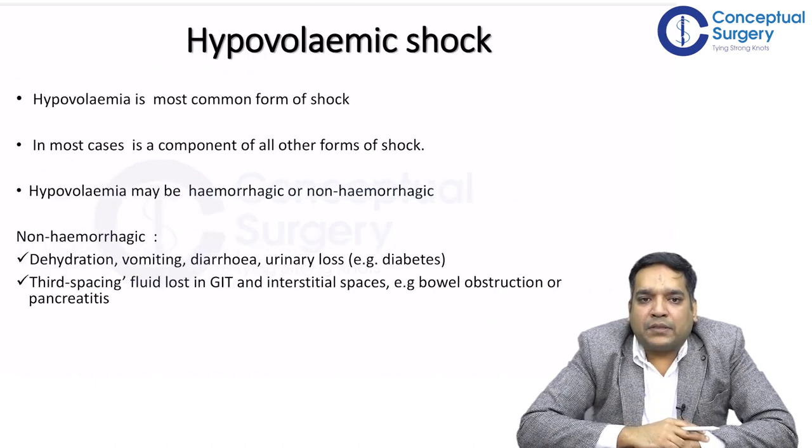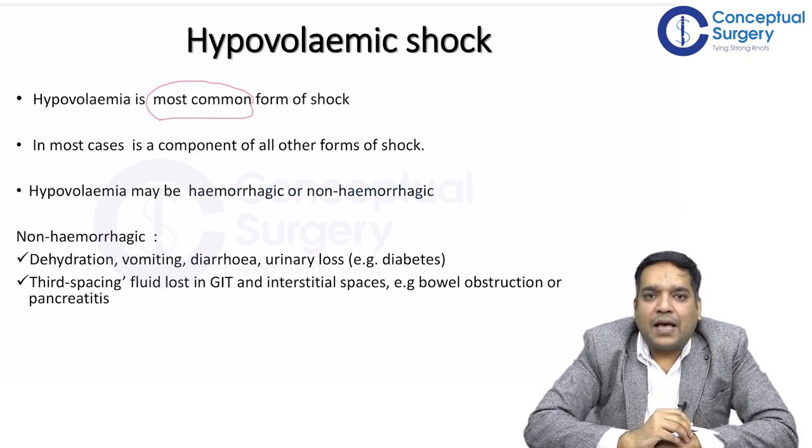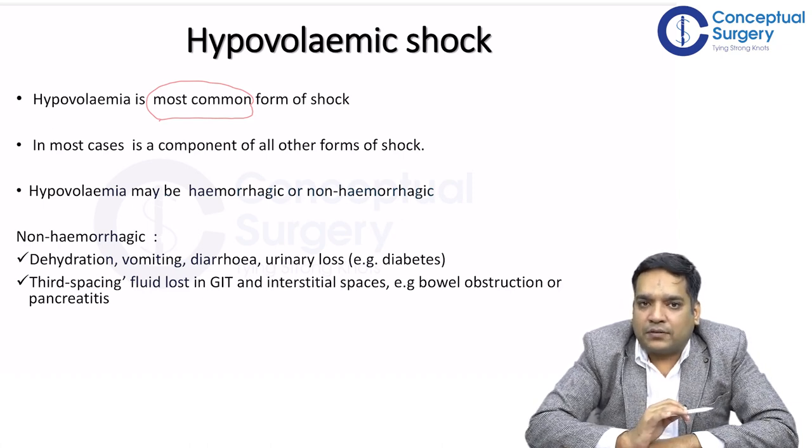So now I am going to discuss hypovolemic shock. Hypovolemia is the most common form of shock. Please remember, this is the most common form of shock, and in most cases it is a component of all other forms of shock. This is a very important point.